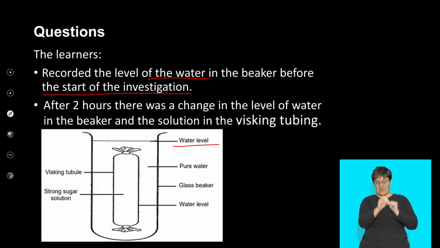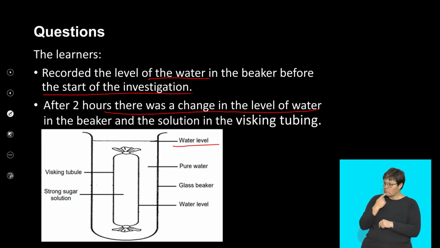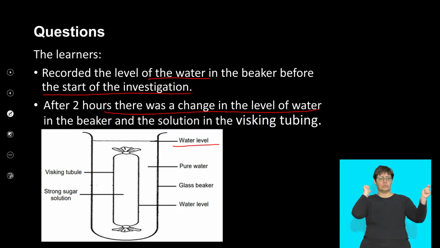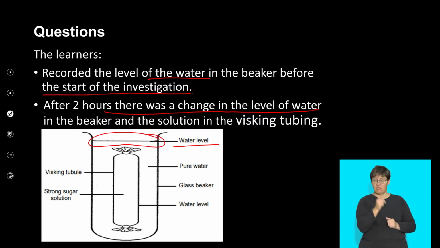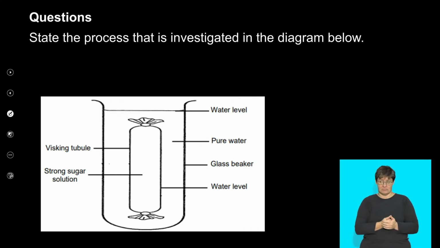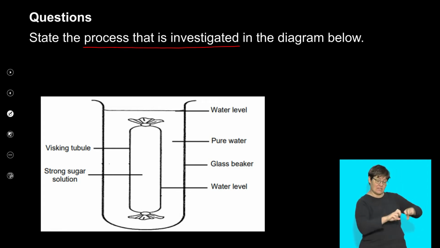Next thing they said, after 2 hours, there was a change in the level of water in the beaker. So here is my water level. Guys, 2 things could have happened to it only. The water level could have gone up, or the water level could have gone down. Now, the question is, state the process that is investigated in the diagram below.